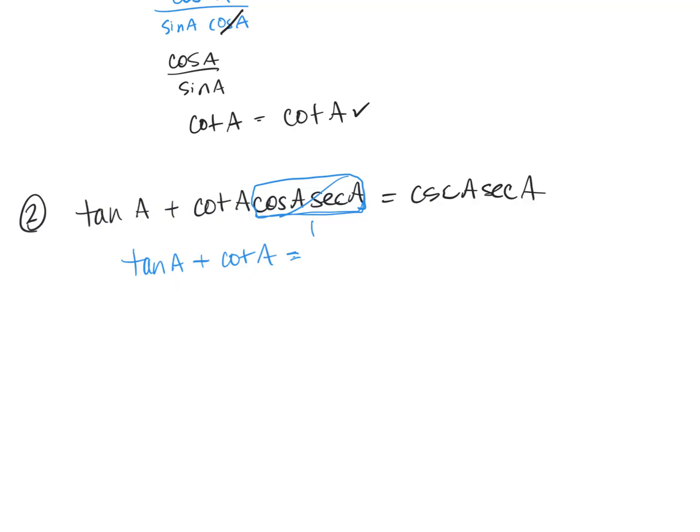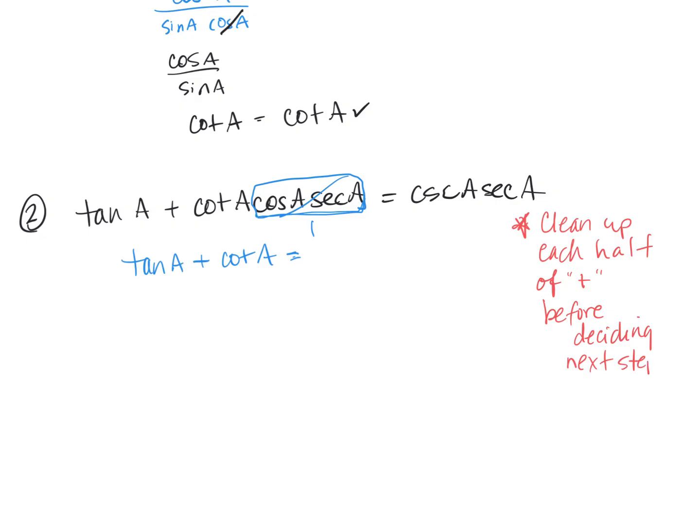So this is another strategy you might use, is to clean up each half of the plus sign before deciding your next step, or it might be finding your least common denominator between the two.